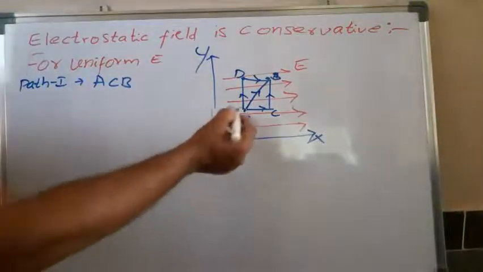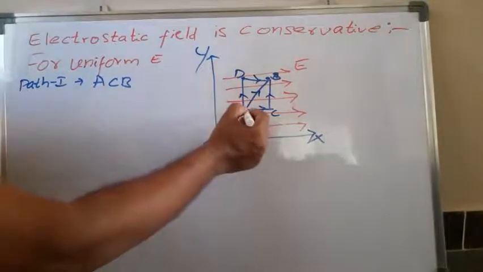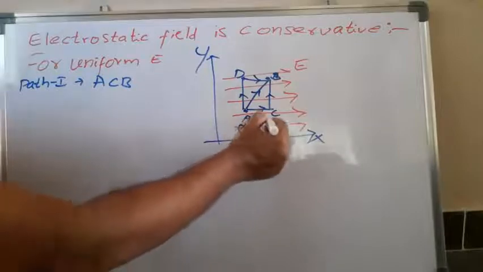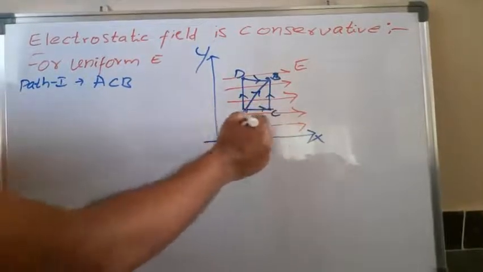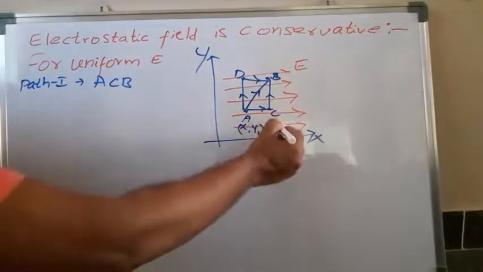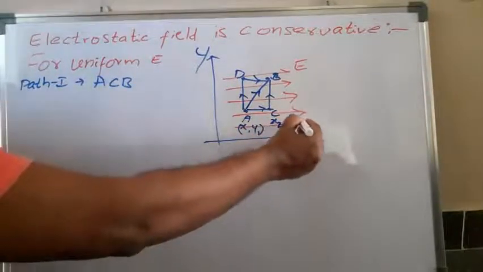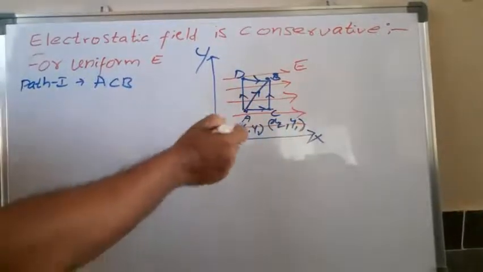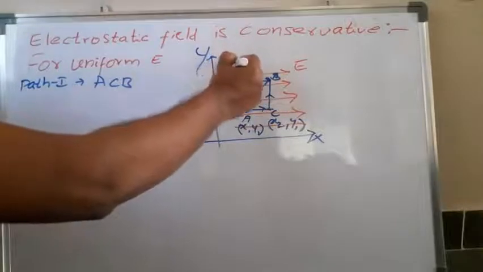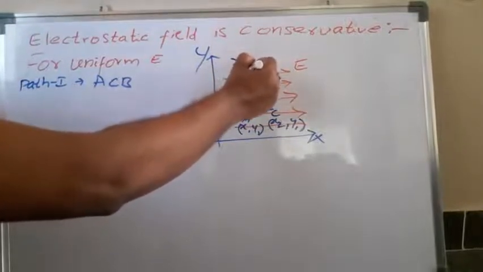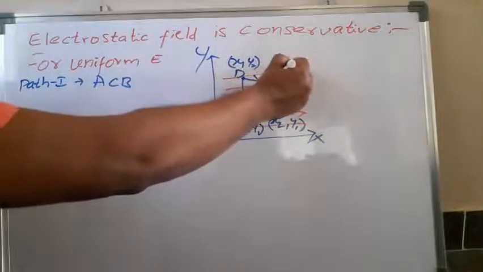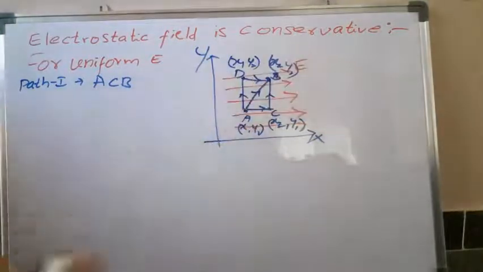I'll give coordinates for each point. Point A is X1, Y1. Point C is on the same X axis, so X2, Y1. The Y coordinate will not change from this point. And for point D the X coordinate will not change, X1, Y2, and point B becomes X2, Y2.